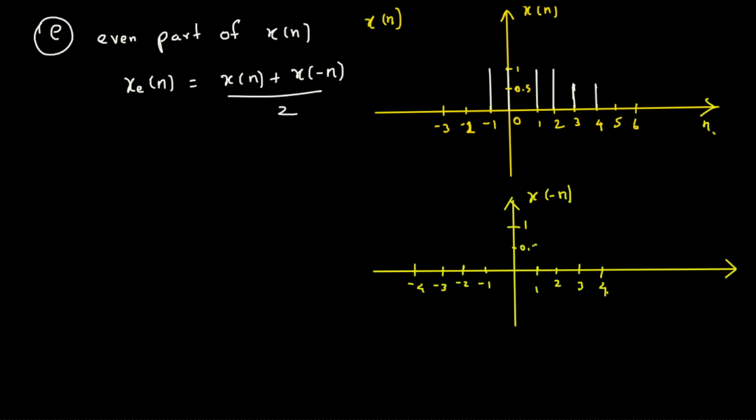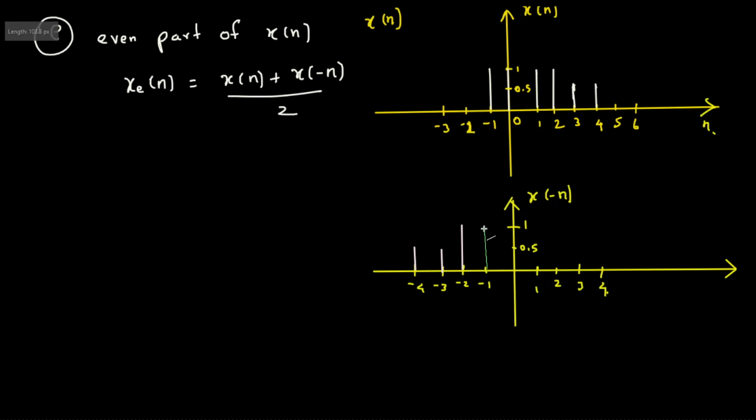So 0.5. And here if we flip this one, whatever appears at 4 here is going to be at negative 4. So here the height at 4 and 3 is 0.5. So negative 4 and negative 3 is going to be 0.5 right here. And followed by that, the other ones are 1.